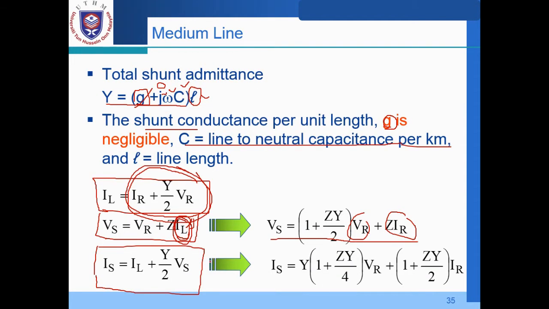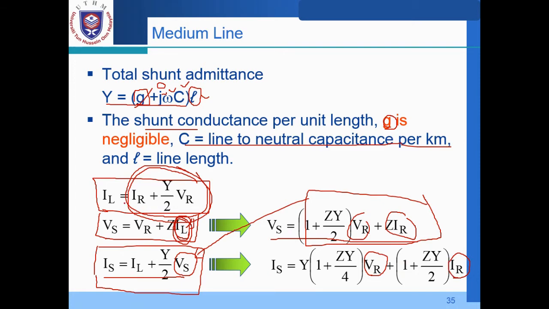Then we have IS equal to IL plus Y over 2 Vs. And you see this Vs, try to substitute all these into this Vs and rearrange, you may get it in terms of again VR and IR.